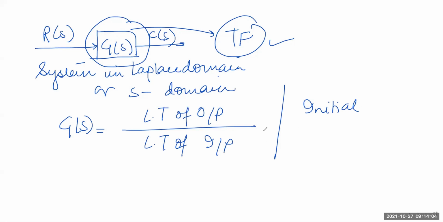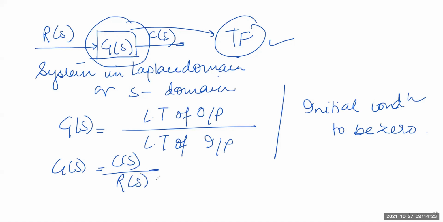Whenever you write the transfer function, make sure you also write this condition, that all the initial conditions are assumed to be 0. Otherwise it is not valid. So C(s) upon R(s) is my final equation. If you are given any mathematical model and are supposed to find its transfer function, you are asked to find C(s) upon R(s).